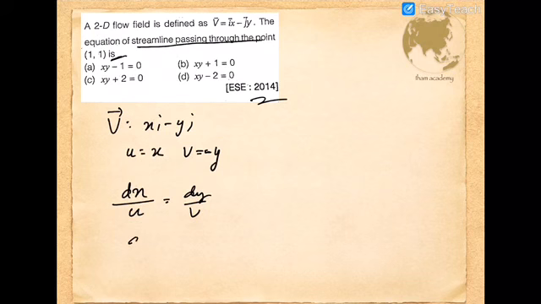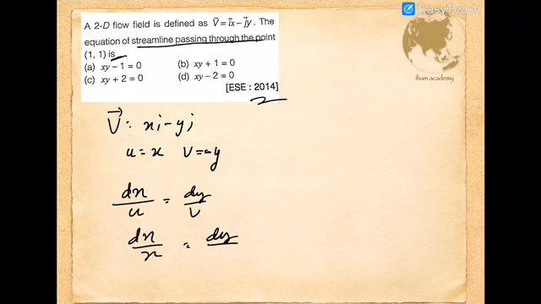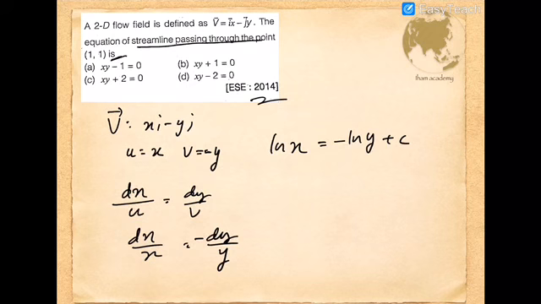So substitute dx by x and dy divided by minus y. If we go for integration, we will get ln x is equal to minus ln y plus c.